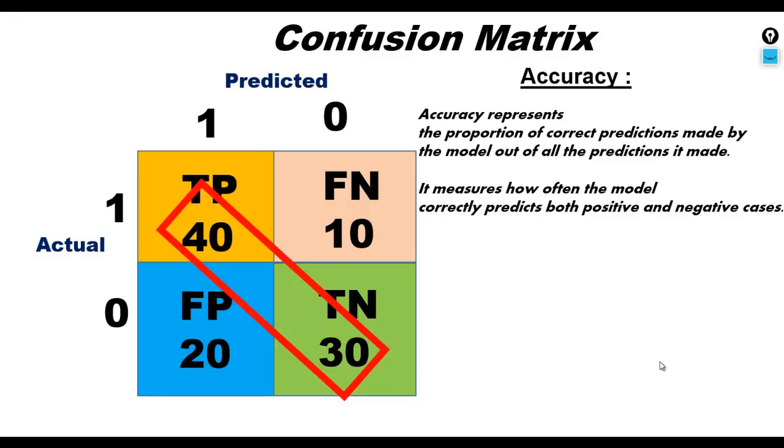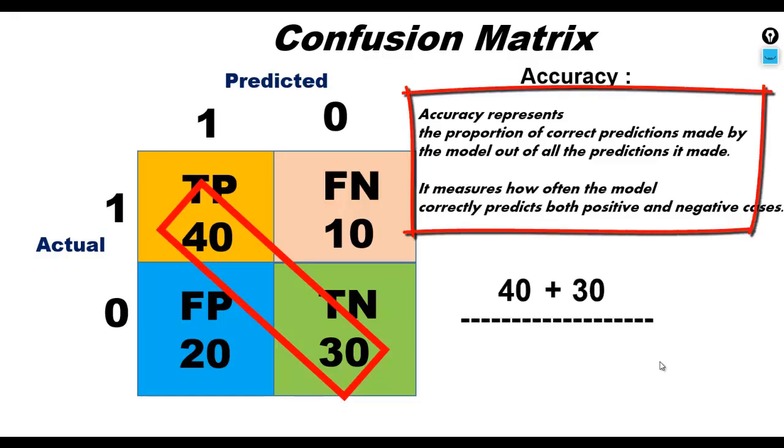So we can calculate accuracy by taking the ratio of correctly predicted samples to the total number of samples available in our dataset, that you can see over here.